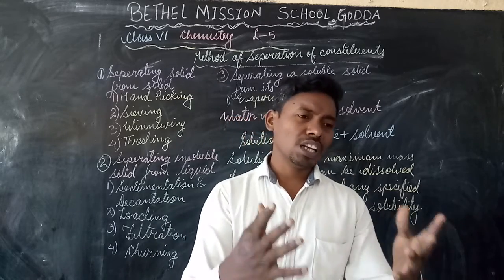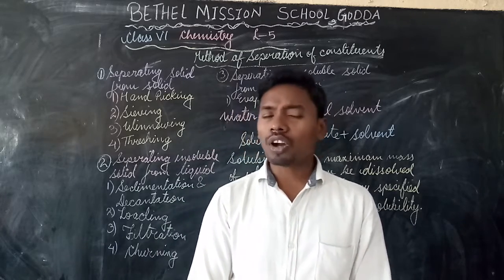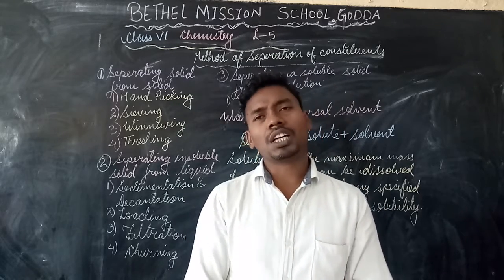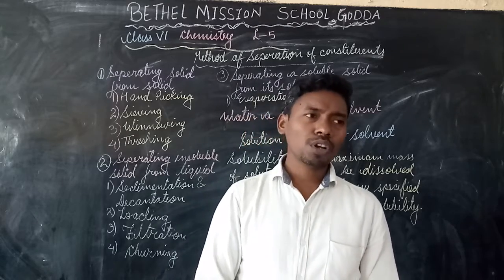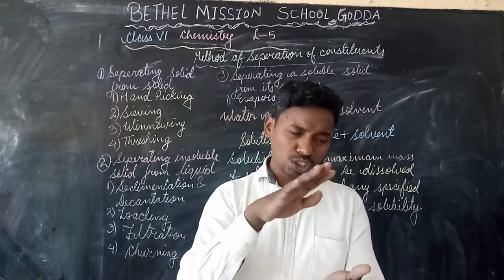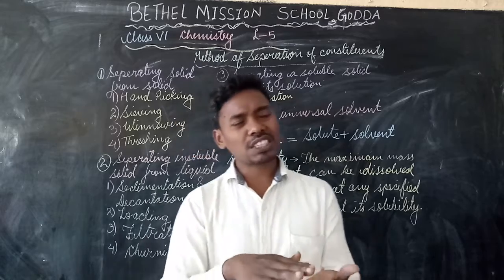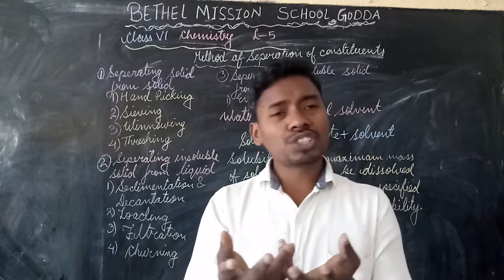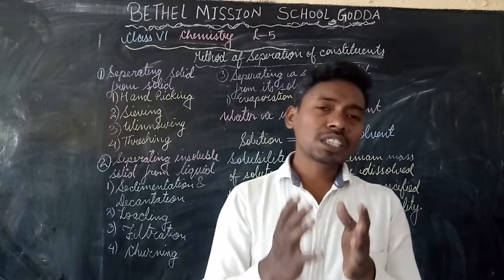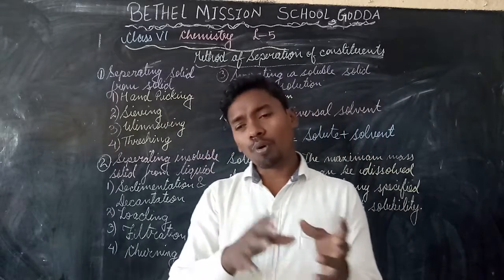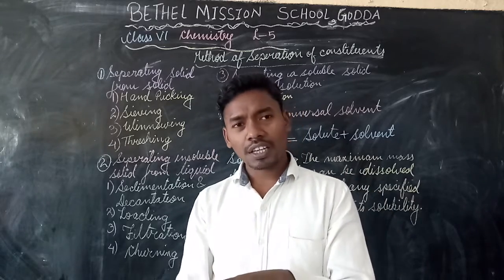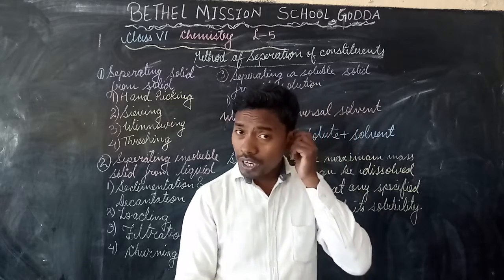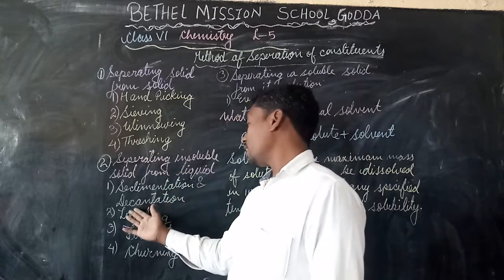The mixture is left undisturbed for a long time, and these heavy particles slowly settle down at the bottom of the container. On the top we can see the clear liquid, and we can pour this clear liquid into another container. This process of pouring out the clear liquid obtained after sedimentation is called decantation.